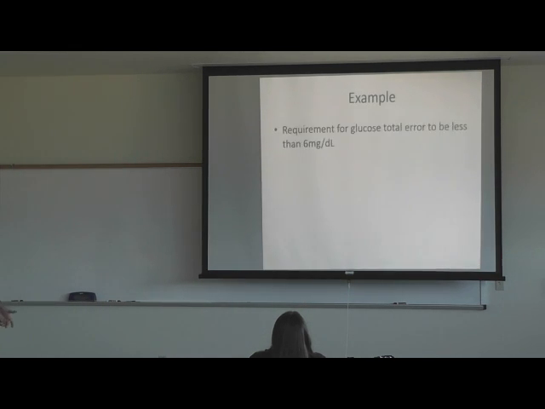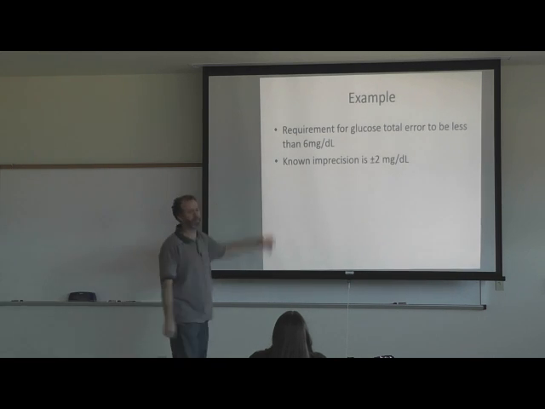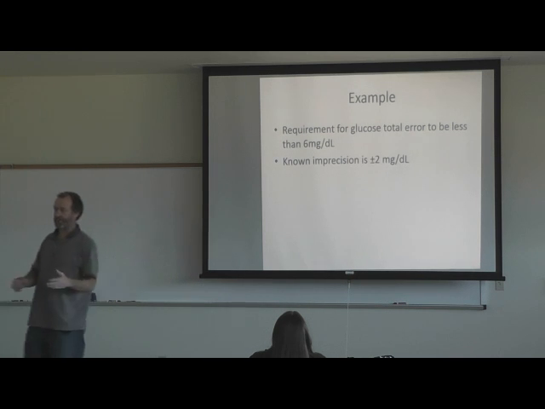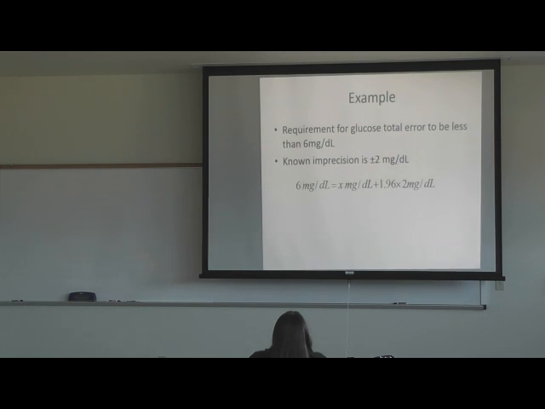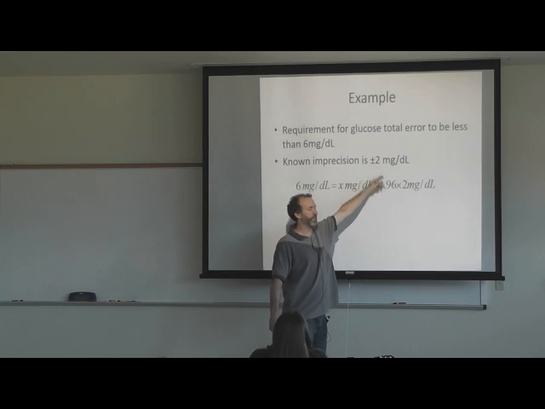So an example, requirements for glucose total error to be less than 6 milligrams per deciliter. You know the imprecision is plus or minus 2 milligrams per deciliter. So how biased can it be after that? Do you know how to do this? Simple math, right? So 6 equals X milligrams per deciliter plus 1.96 times 2 milligrams per deciliter, because this is your standard deviation, right?